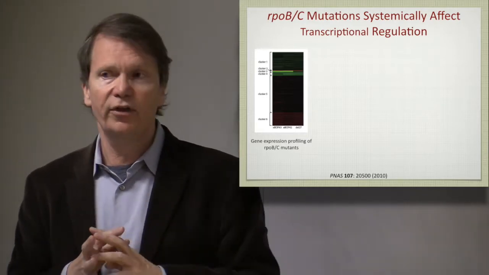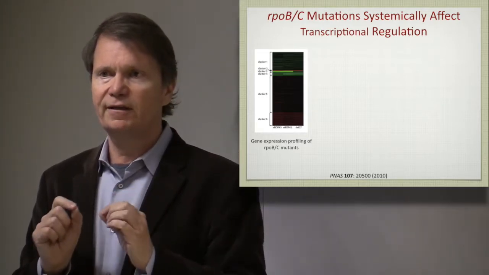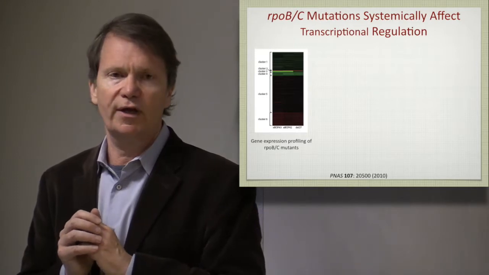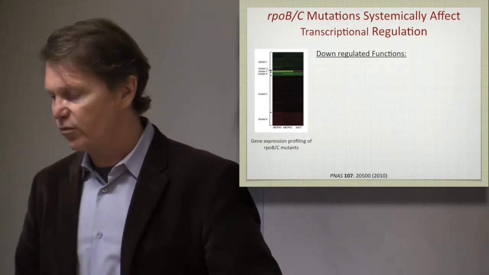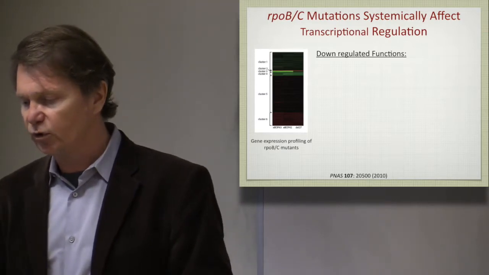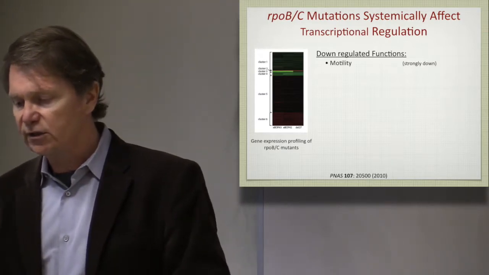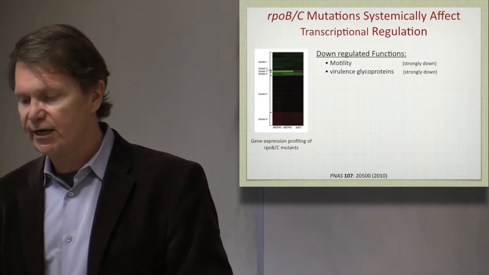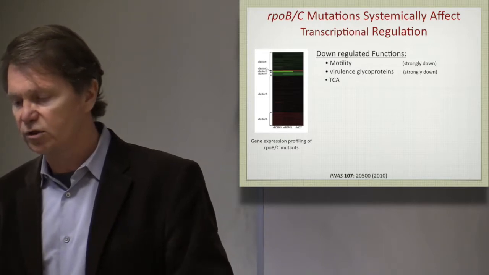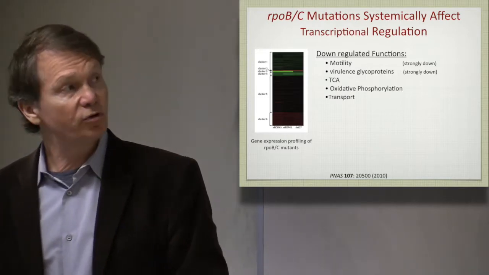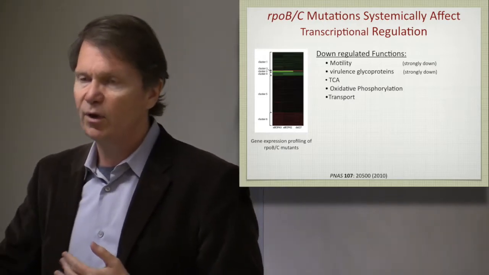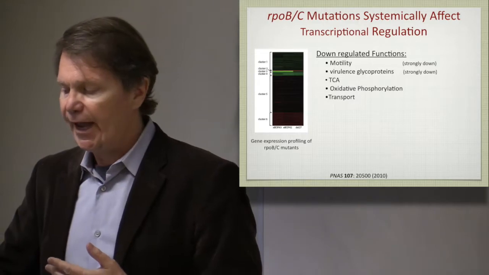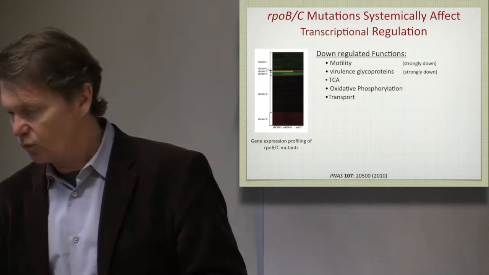But there's a group of genes that is specifically differentially expressed as a function of that single mutation. And you can actually look at them, and the downregulated functions include motility, virulence type functions, TCA cycle goes down a little bit, so does oxidative phosphorylation, and some transport processes go down that are related to multi-drug resistance. Let me show more of them.